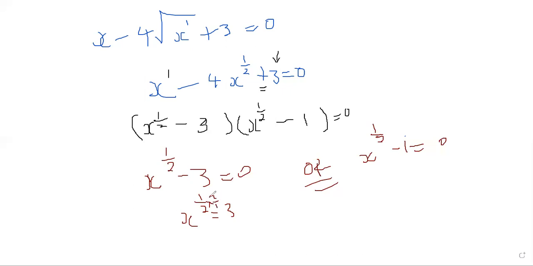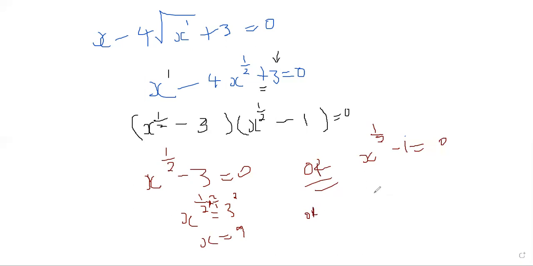So I'm writing here, which is what we did in the previous example. We are simplifying the exponents so that we're left with only one exponent. So 1 over 2 we multiply with 2 over 1. What we do on this side, we must do on this side. So we multiply this with 2 over 1. We understand 2 over 1 is the same as 2. So this would be x is equal to, what is 3 to the power of 2? That is 9, right?